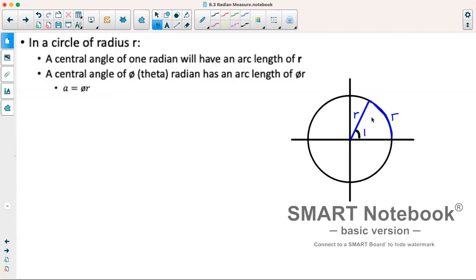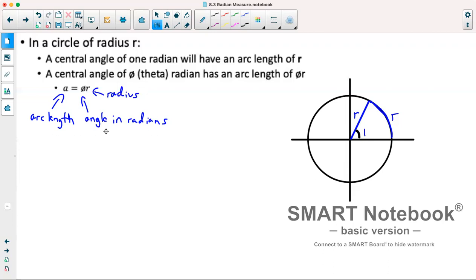Now, if those are not the same, our angle here will determine this arc length. So that gives us this equation here, in which our arc length is equal to our angle in radians times our radius.